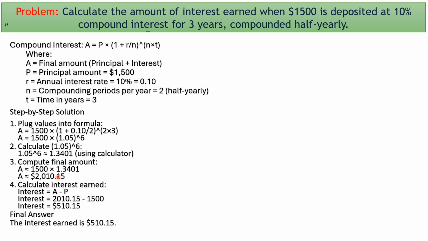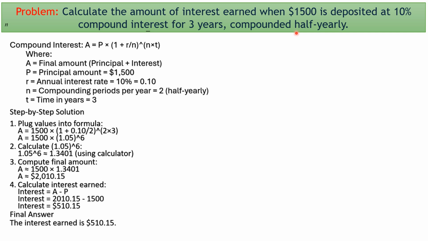A means what? The total future cash inflow, that is the final amount, that includes principal plus interest. So the formula given here is to find out the future cash inflow, that is the final amount, A. So that is going to include principal amount plus interest. We know about principal, that is given in the question. We know the interest rate. We know the time period. We know how the interest is calculated, that is compounded half yearly, but we don't know the exact amount of interest that we are going to receive.